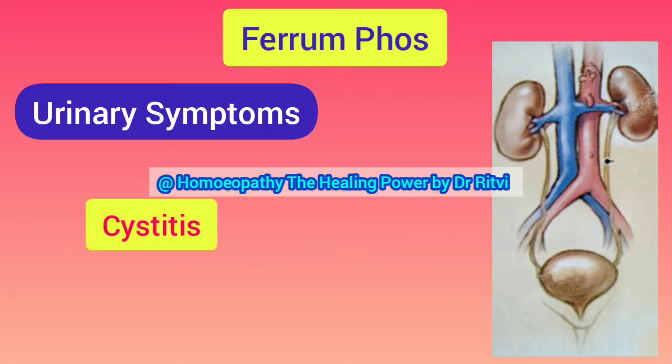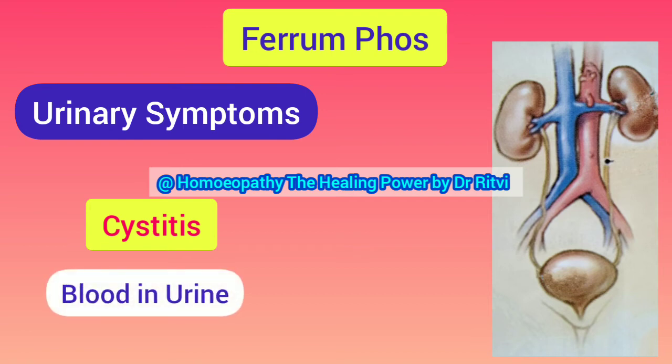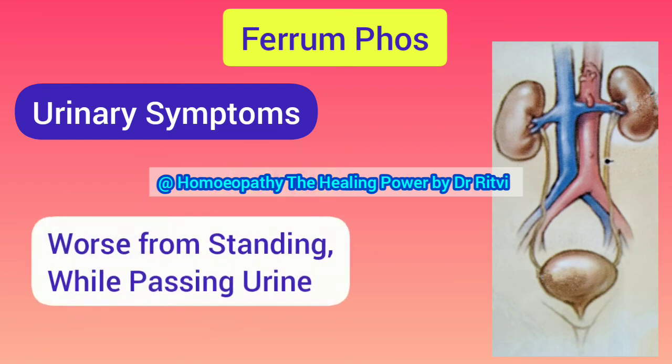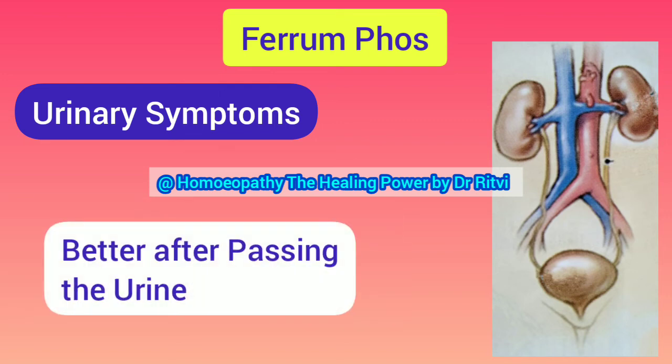It is also a useful medicine in the cases of cystitis, and here there is passing of blood in the urine, that is nothing but what we call hematuria. This especially is seen in the cases of urinary tract infection. All these urinary complaints are aggravated by standing continuously for long time and while passing the urine, and patient feels better after passing the urine.